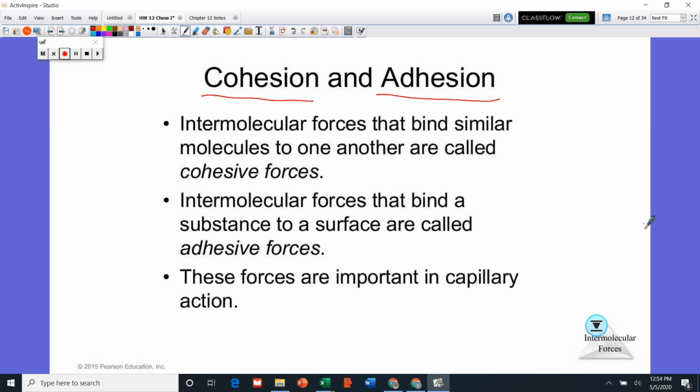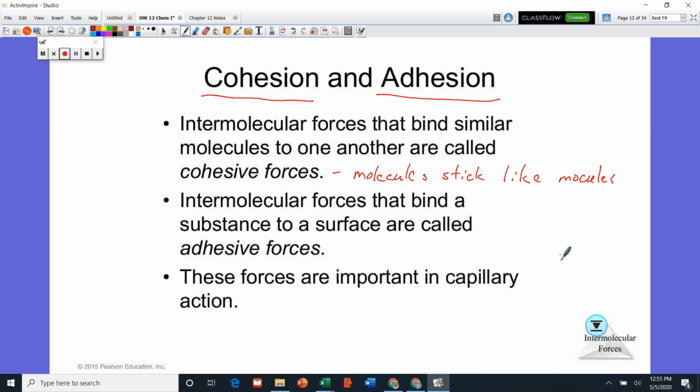Intermolecular forces that bind similar molecules to one another are called cohesive forces. This is the idea that molecules want to stick to like molecules, something wants to stick more to itself.